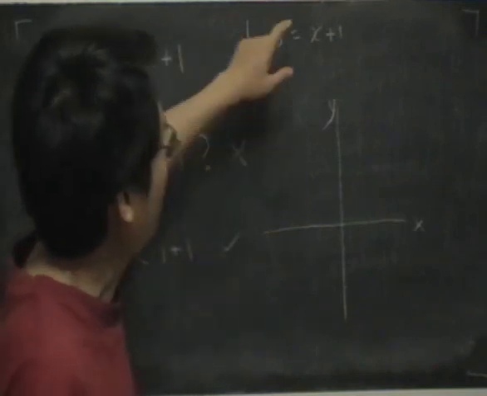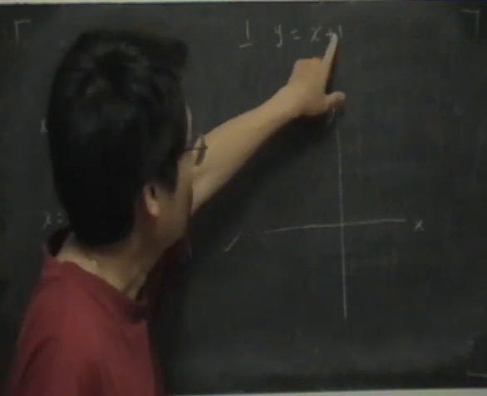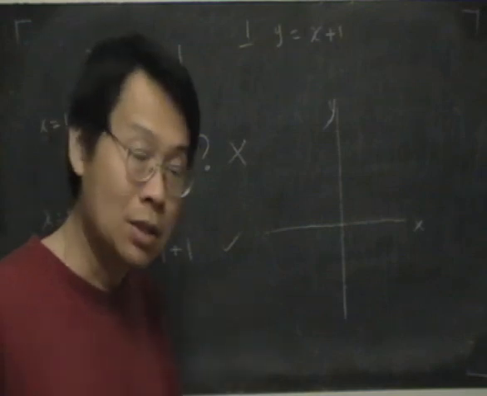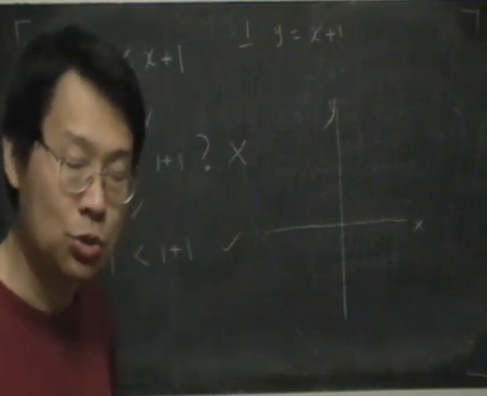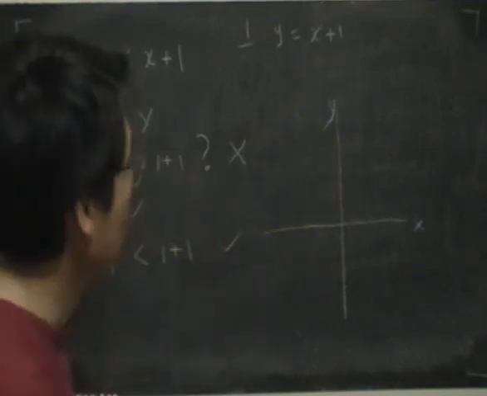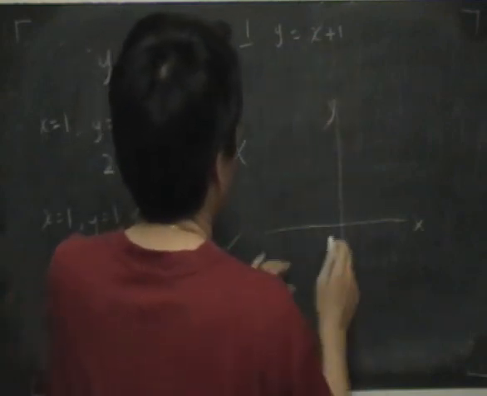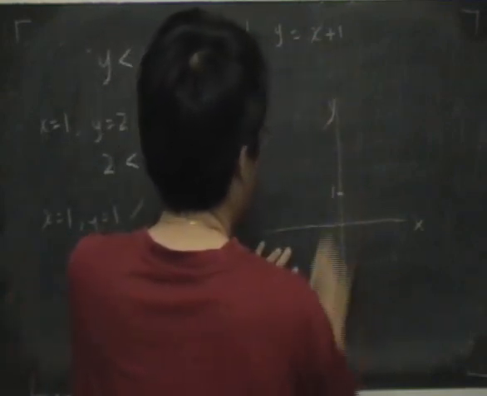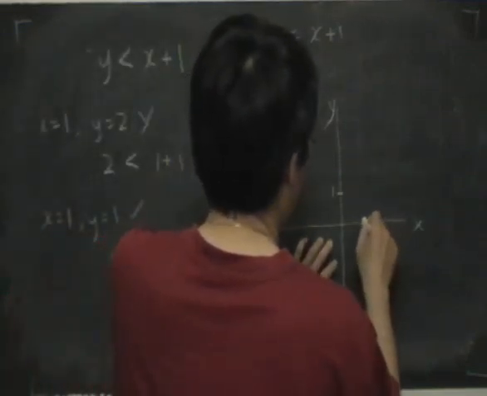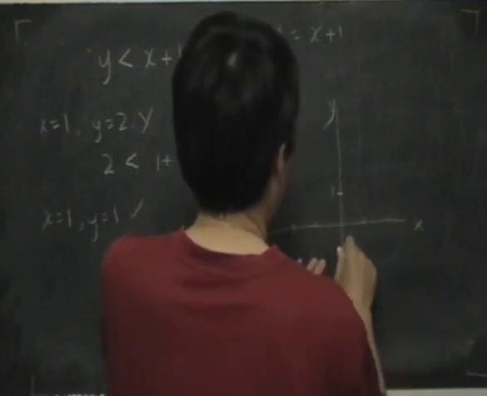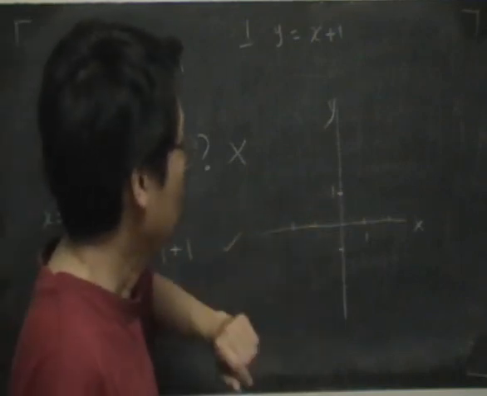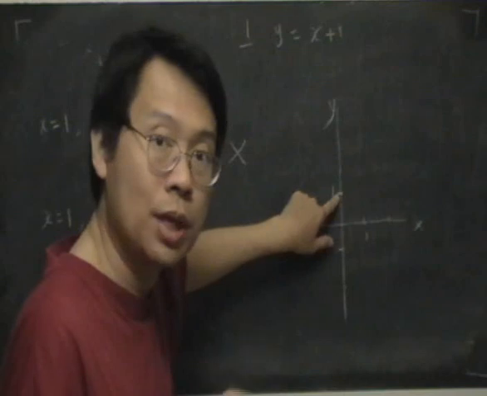Now, if I have y equals x plus 1, I know from what we learned about straight line equations and straight line graphs that the 1 there is the y-intercept. So just by looking at the 1, I know that the straight line has to pass through 1. Let me mark out some numbers. It's 1. So I already have a point there.